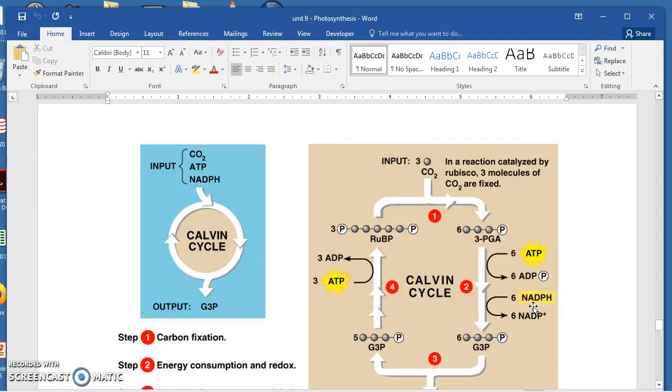This brings us to the light-independent reactions, or what used to be called the dark reactions, and in more recent texts called the Calvin cycle, after Dr. Calvin, who studied it.